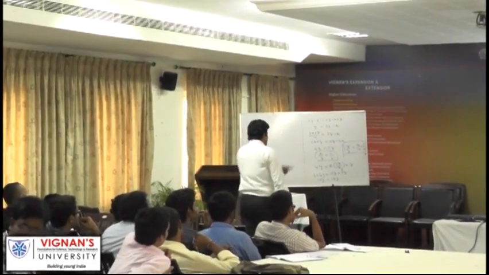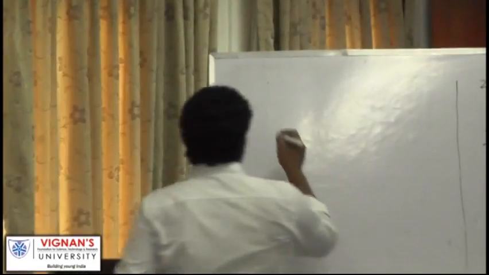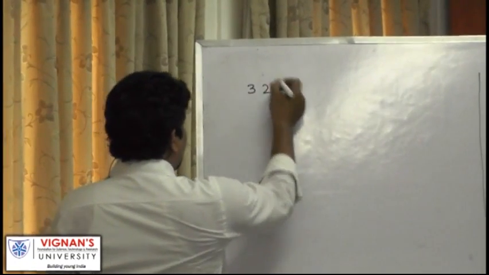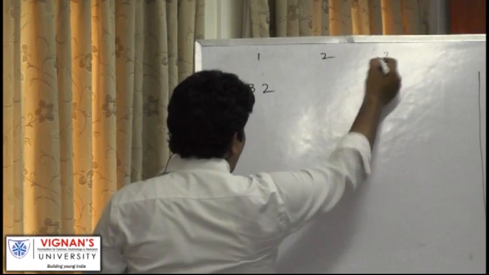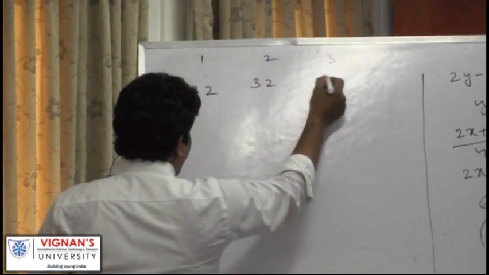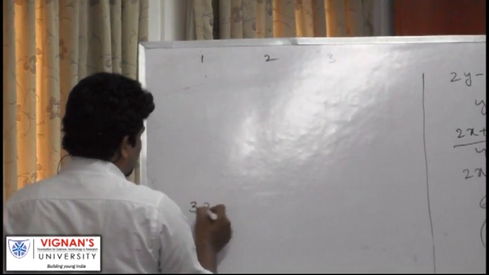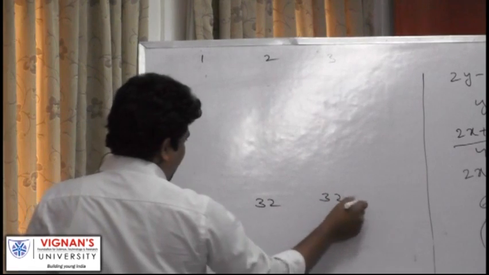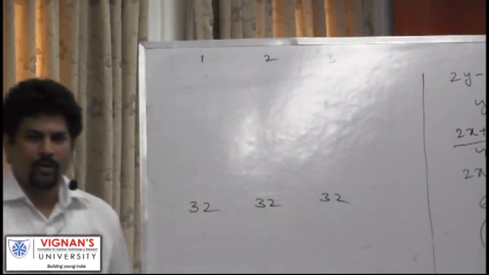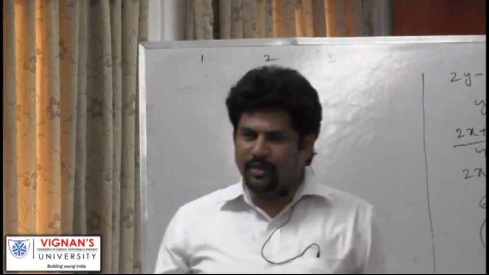So the problem says after 3 operations, the first one, second one and third one have an equal number of marbles in them. Now, what was the third operation?